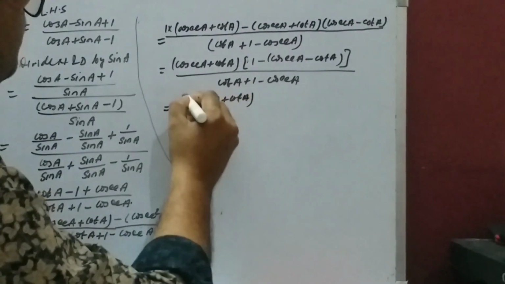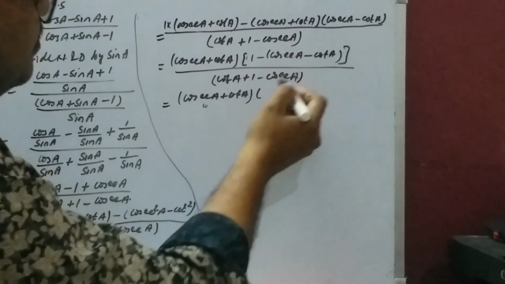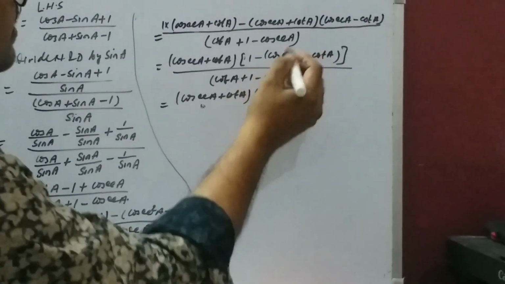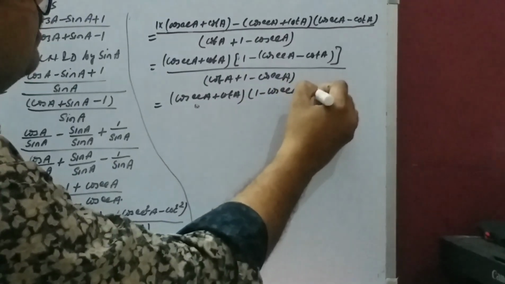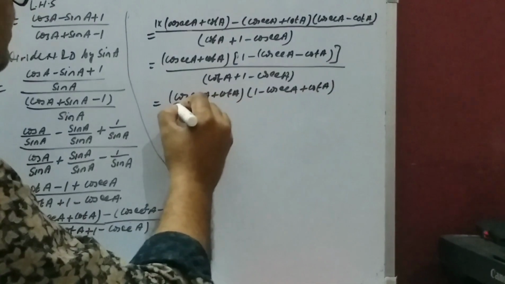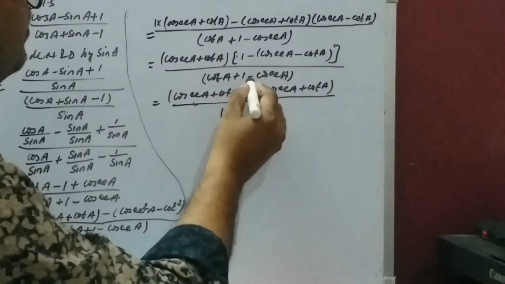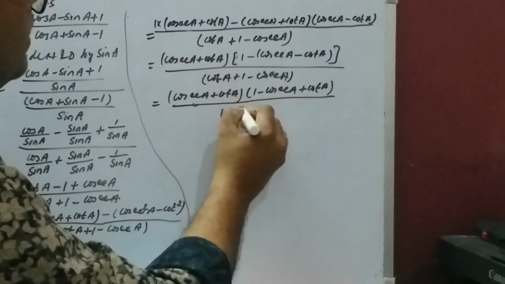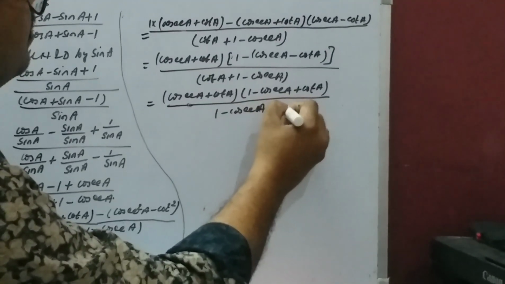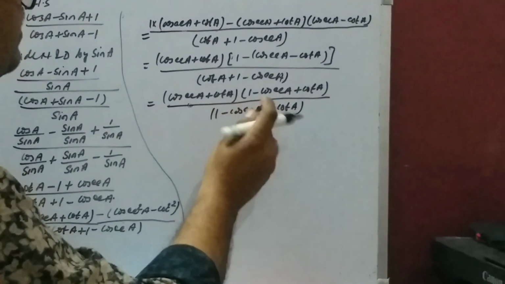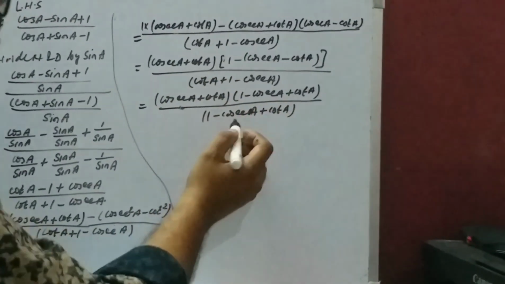If you open this bracket, you will get the same as the numerator, 1 minus cosec A plus cot A, and this 1 is written first, and then minus cosec A plus cot A. It is the rearrangement of terms of the denominator here, and the motive is what?